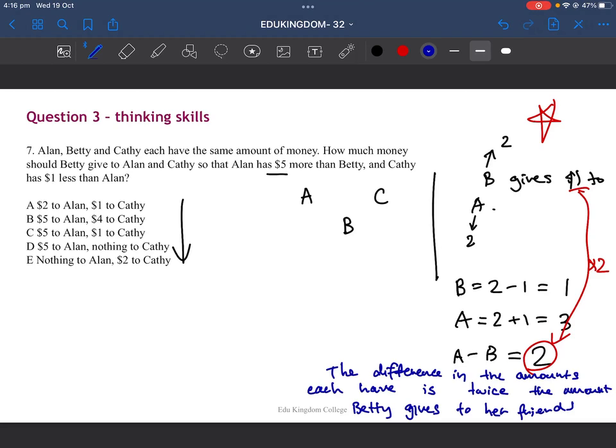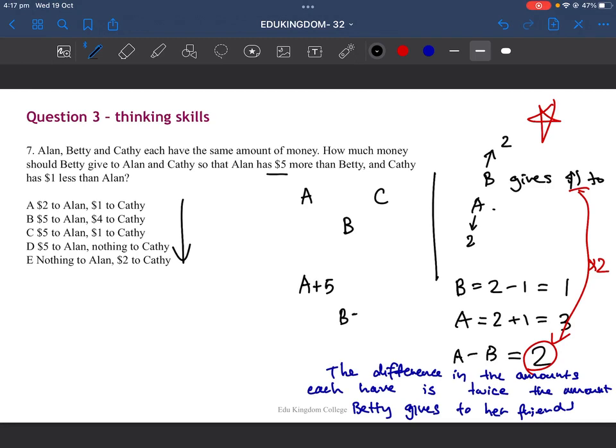So, what option would allow us to give us this sort of difference? Well, let's have a look. If we have a look at the common theme, which is $5 to Alan, let's try that out. If Betty gives $5 to Alan, Alan suddenly has now A plus 5.